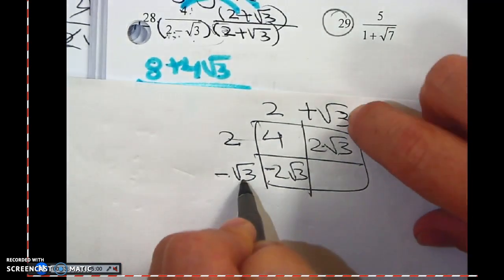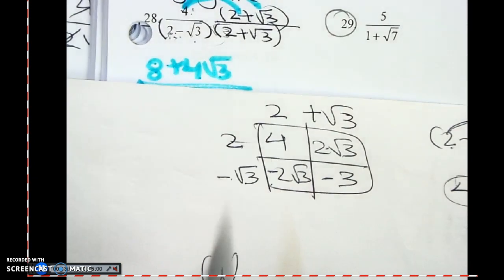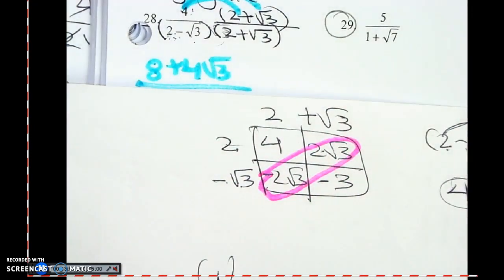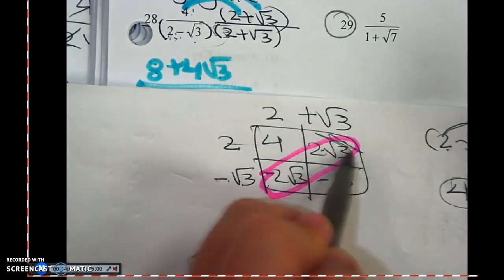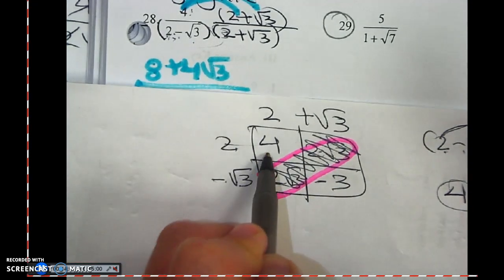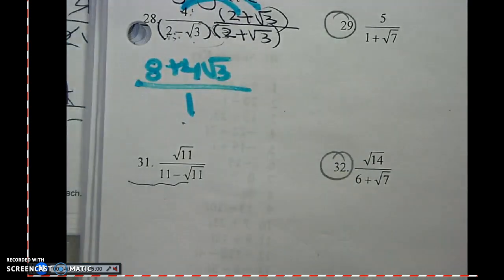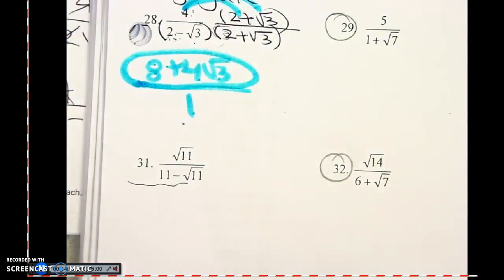And rad 3 times rad 3 is 3 with a negative. Now remember, if you learn the box method 90% of the time, more like 95, those are the same. So 2 rad 3 times minus 2 rad 3 is gone. And 4 minus 3 is your 1. Now what's anything divided by 1? Well, that's your answer.